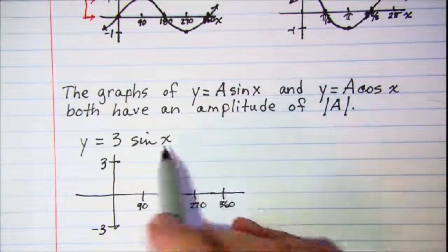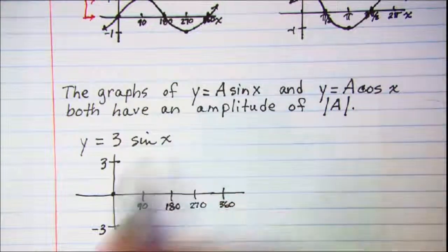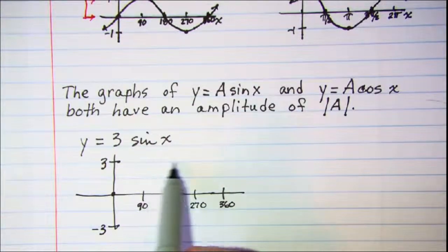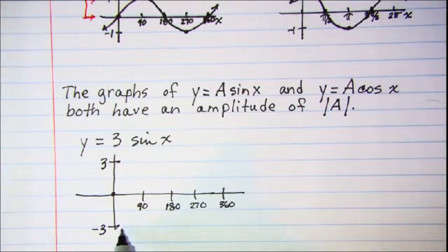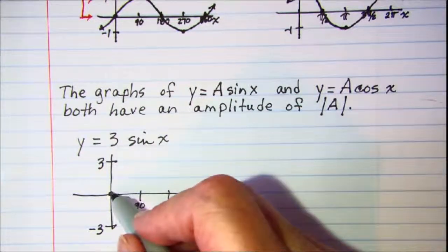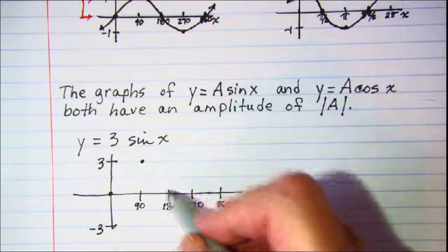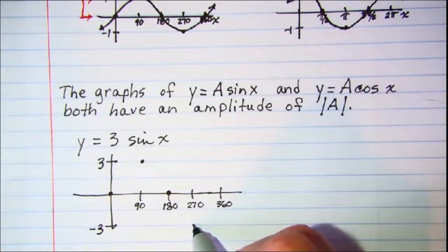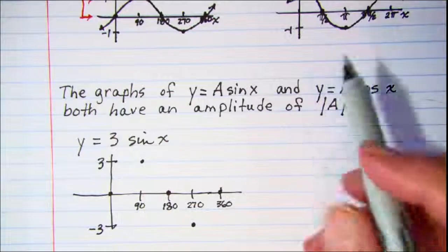My sine curve, when x is 0, starts at the origin. And then I'm going to use this blue line up here as my guideline for my max, and this blue line as my guideline for the min. So the sine curve starts at the origin, hits the maximum at 90 degrees, comes back to the center line, and then hits a minimum at 270, and comes back to the center line.